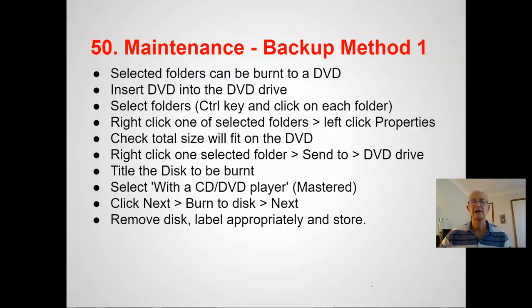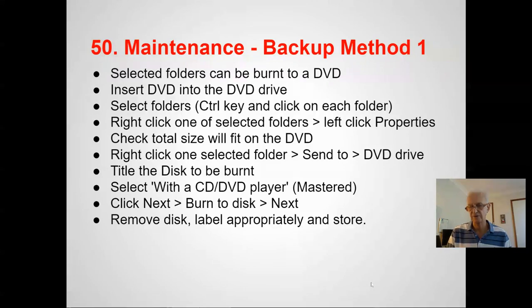Remove the disk and then physically label it. You can either put it in an envelope and label it, or you can write with an indelible marker on the disk itself. So we're just going to run through this process so you can see basically how easy it is if you've got a disk to burn.